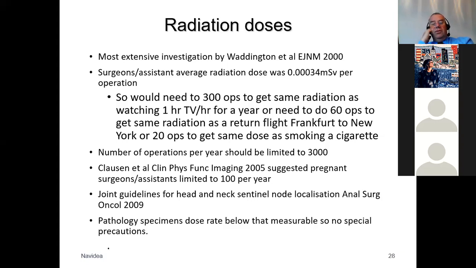And this was also confirmed by more recent guidelines for head and neck as well. When they tried to measure the radioactivity to a pathologist, they couldn't find any, because even though the lymph node is radioactive with a probe, the amount of radioactivity in each sentinel node is so tiny. When they started putting radiation detectors around pathologists, they just couldn't pick up anything beyond the background radiation in the room.